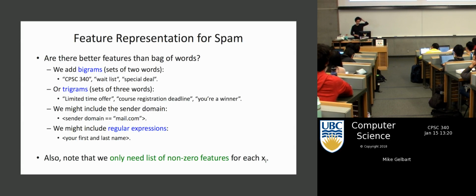Okay, this note at the bottom is a question about storage. You might be worried that this matrix X is going to be really giant because D might be really giant because there's a lot of words, and that's true. But each email only has not that many words. Maybe it has 30 words, even if you have 10,000 words in your vocabulary.